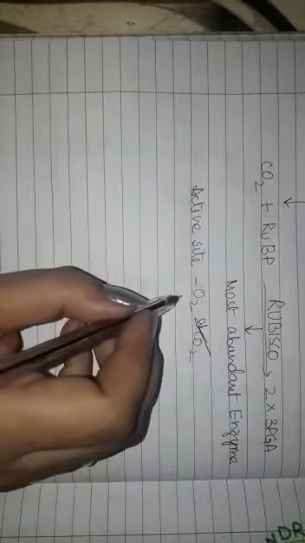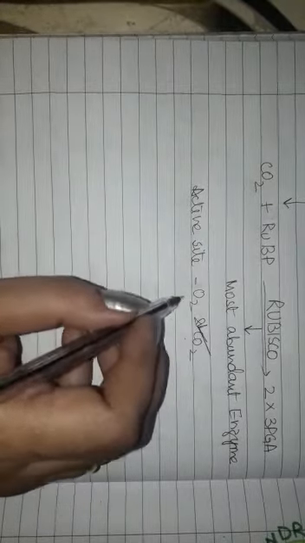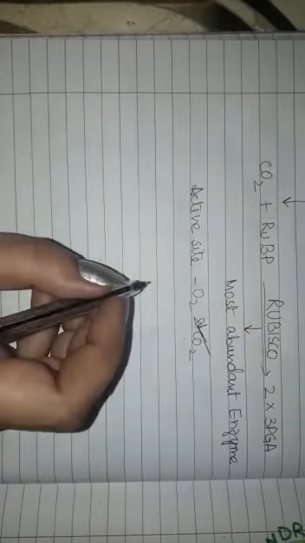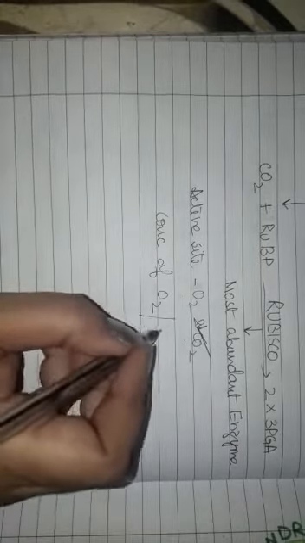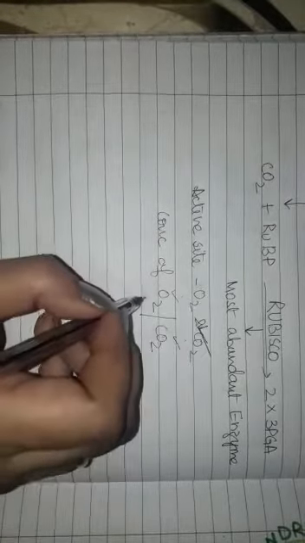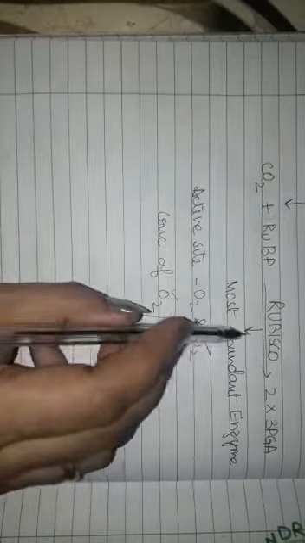Which of the carbon dioxide and oxygen will combine with rubisco is determined by the concentration of oxygen or the concentration of carbon dioxide. The gas having the higher concentration will combine with rubisco.